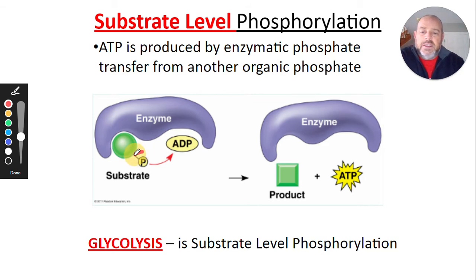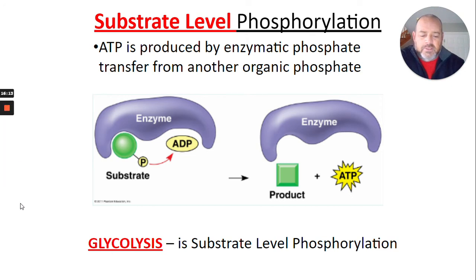But this enzyme is going to peel a phosphate off and add it to the ADP. And when you peel that phosphate off, that circle is now going to become a square. That's a different product now, because once you pull that phosphate off, it will rearrange, right? There'll be a conformational change. Now it's a different shape, and we made some ATP. Just know that the phosphate comes from another substrate during glycolysis, and there'll be a couple of substrate levels, and then there'll be another one toward the end.